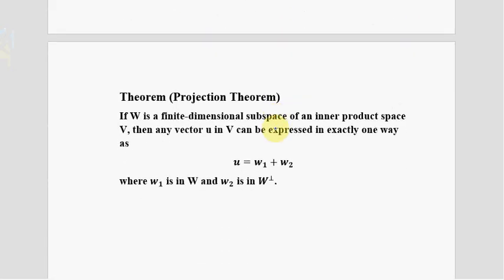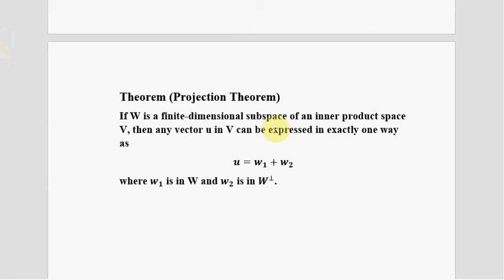Now, a very classic theorem in mathematics, the so-called projection theorem. I will illustrate this for you: if W is a finite dimensional subspace of an inner product space V, then any vector U in V can be expressed in exactly one way. Here, that U is the sum of its parts, two parts.